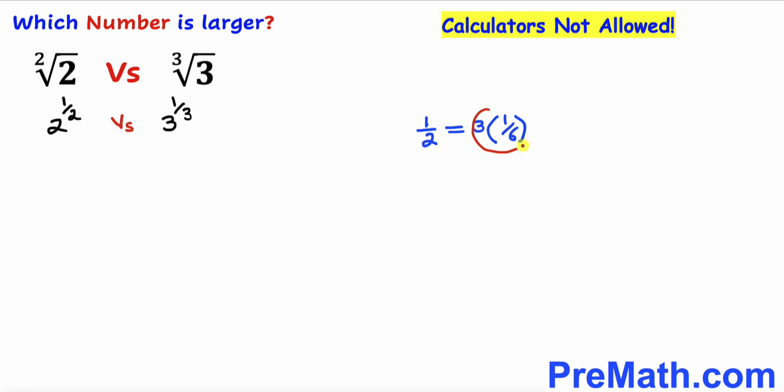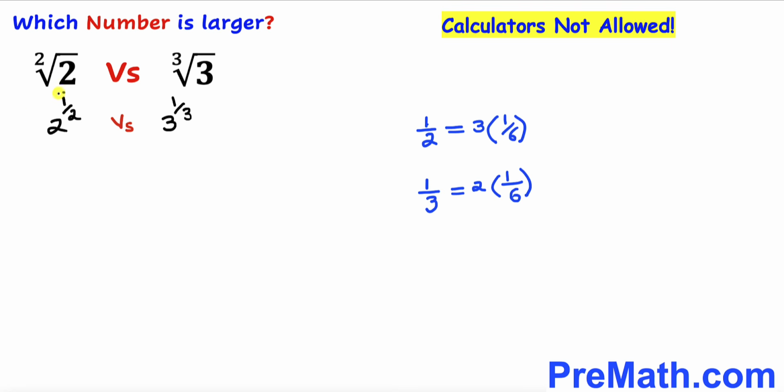If we multiply these, we end up with 1 divided by 2 as well. Likewise, let's focus on this exponent 1 divided by 3. I'm going to copy it down over here, and we can tweak it by writing 2 times 1 divided by 6, isn't it?